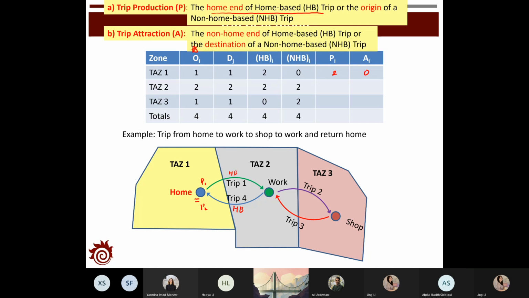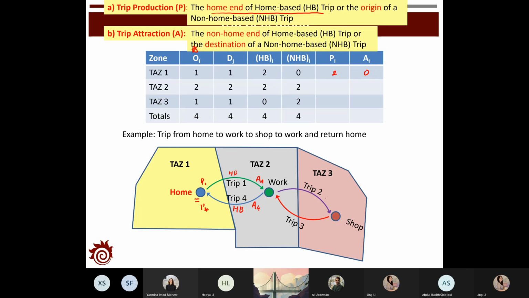Let's look at trip 1 and trip 4 again. Zone 2 is the non-home end of these 2 home-based trips, so this is the attraction. Trip 1 is an attraction, and trip 4 is also an attraction.